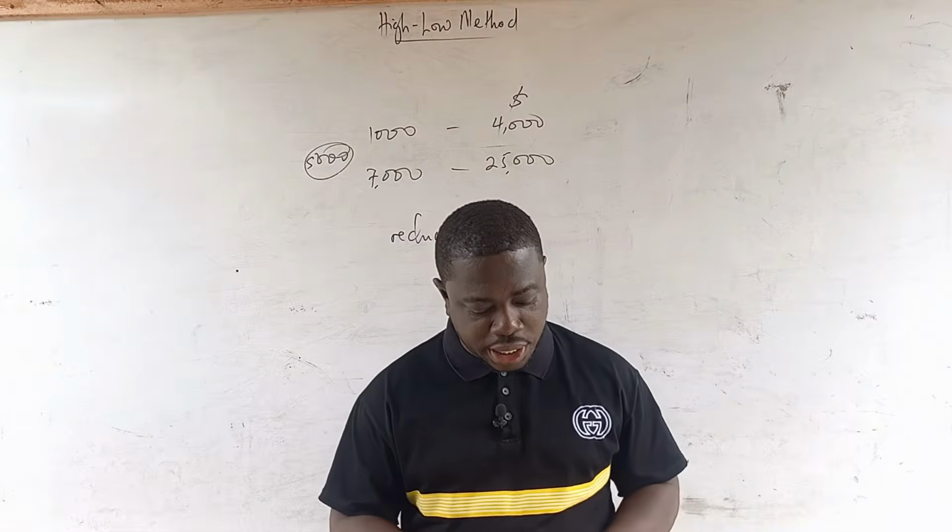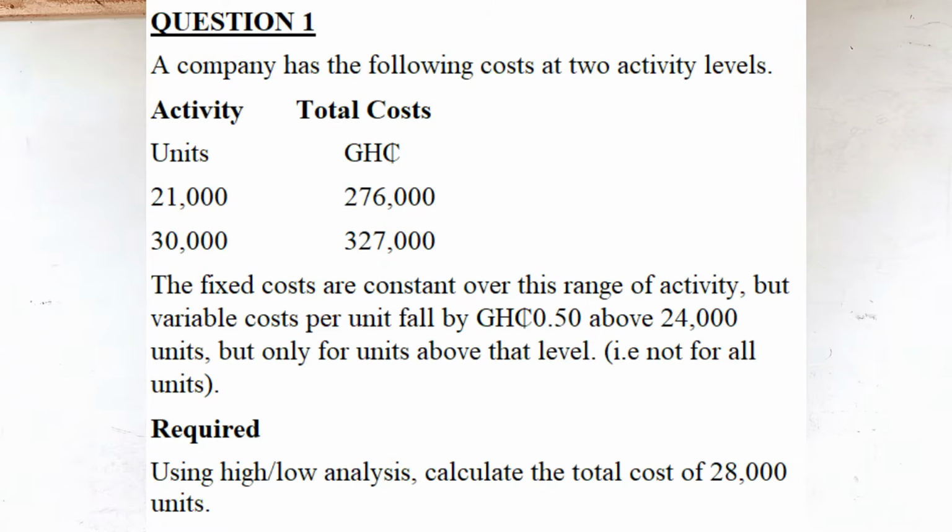Okay, so let's look at this question together. A company has the following cost at two activity levels. We have the activity level in units and the total cost in Ghana cedis. At 21,000 units, total cost is 276,000 Ghana cedis. And at 30,000 units, total cost is 327,000 Ghana cedis. Now, let's read.